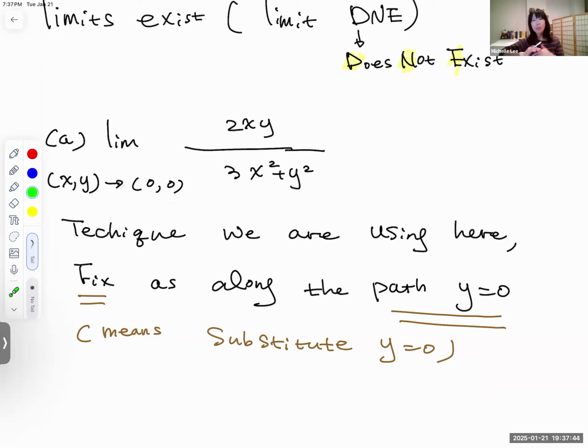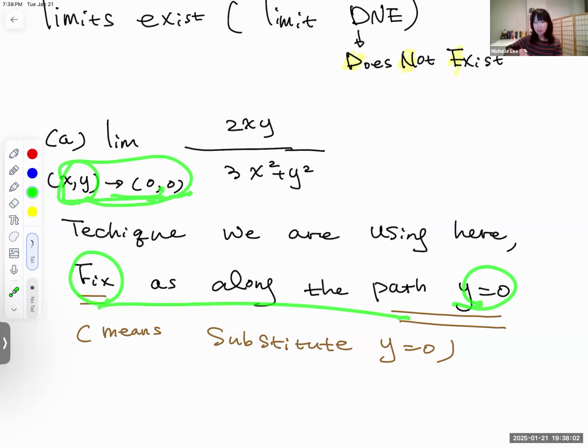That means we substitute y equal to 0. What do you mean, right? It's already x, y approaching 0. Before we apply this limit, let's just fix y equal to 0.